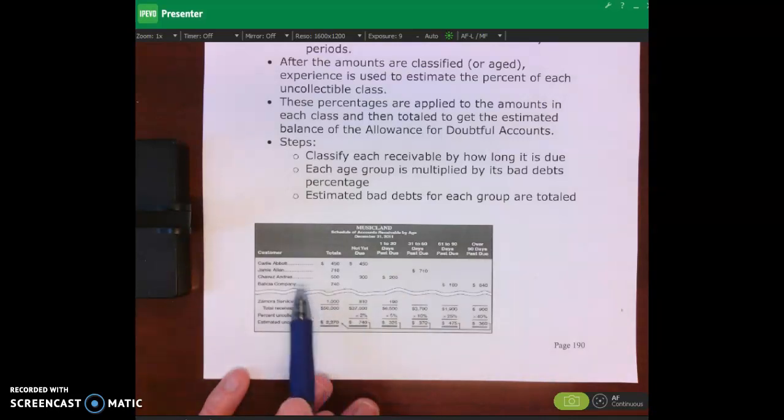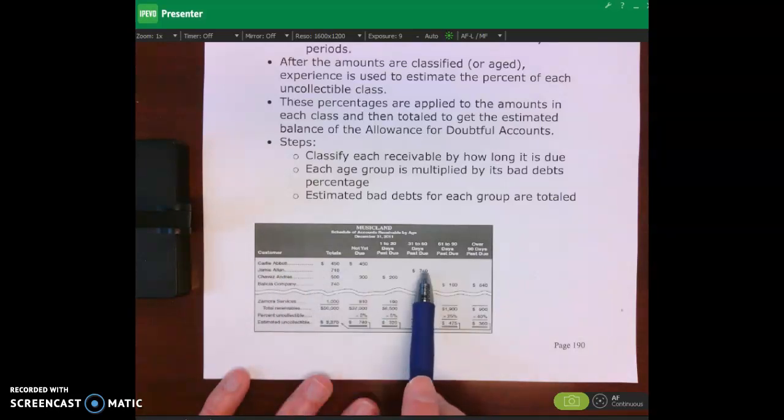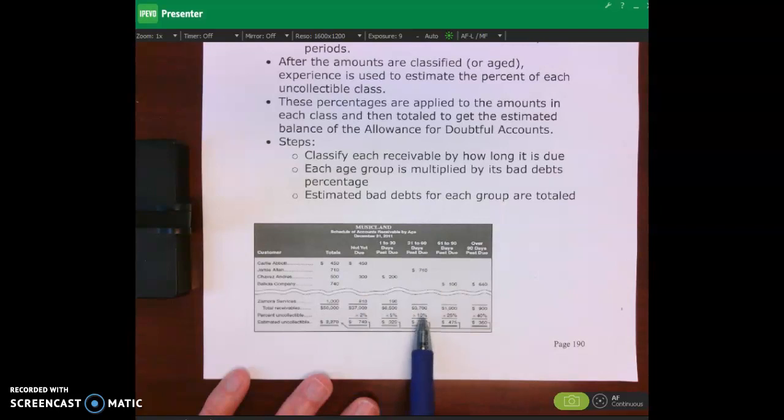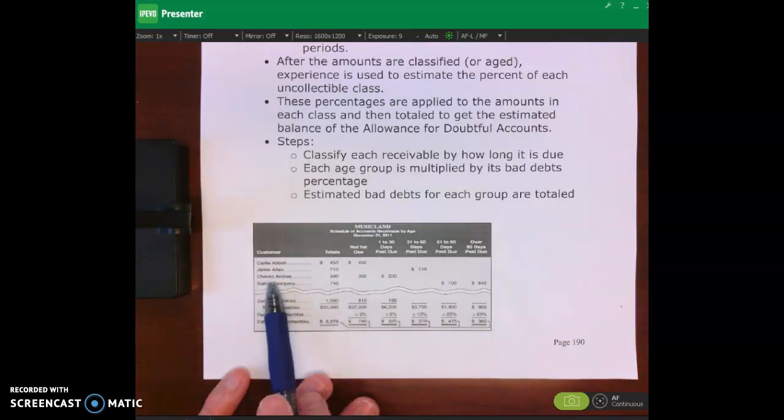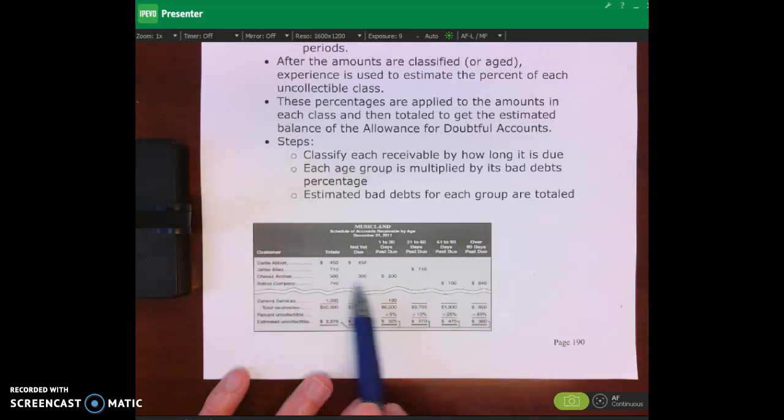Okay? And then we have our next customer, Jamie Allen, 710, and they're 31 to 60 days past due. And then look at it's 10% likelihood that we're not going to collect it. Then we have our next customer, Chavez, and we have a total of 500, and that's split between 300 not due yet and 200 1 to 30 days due.